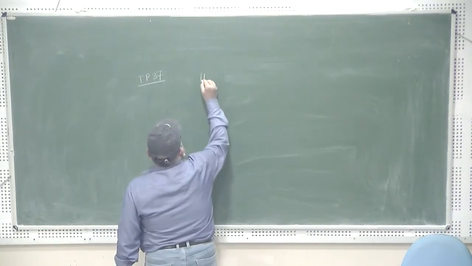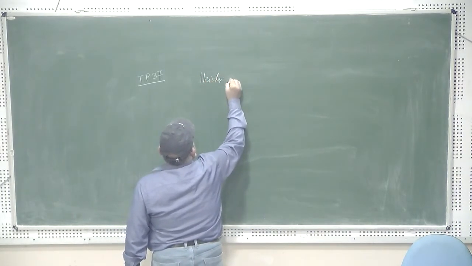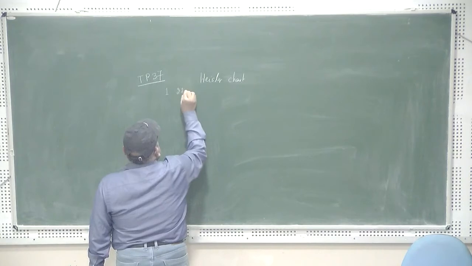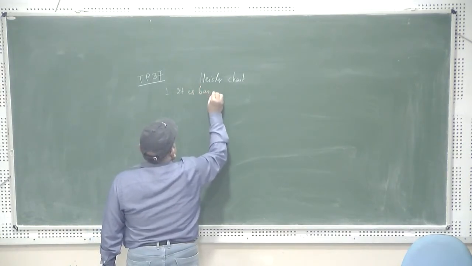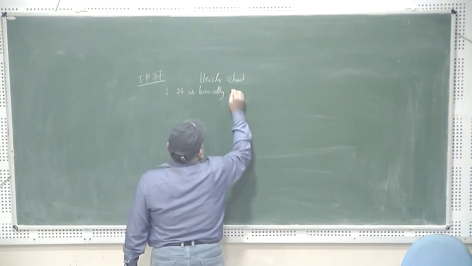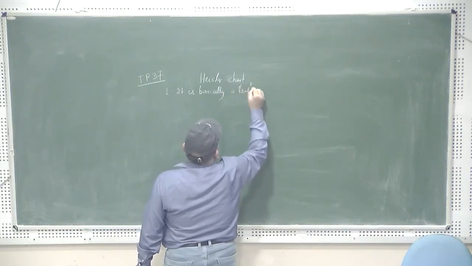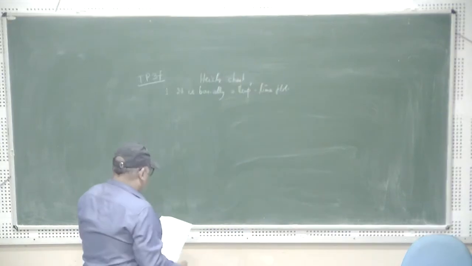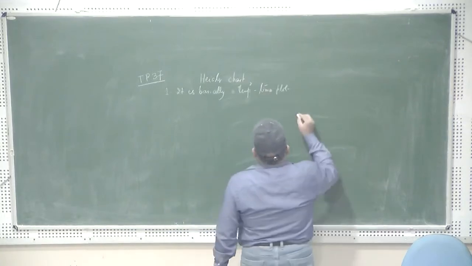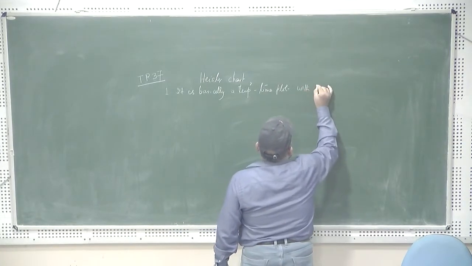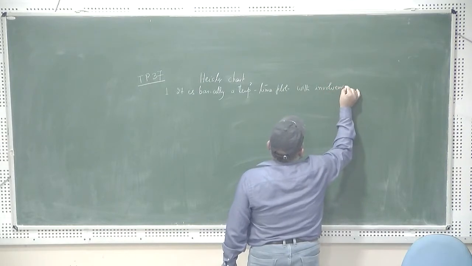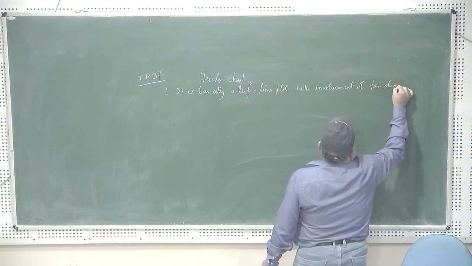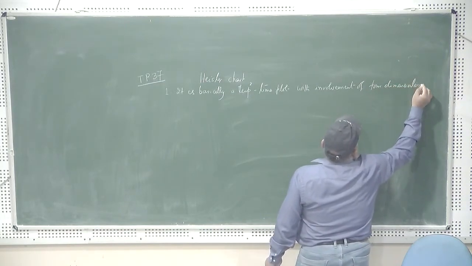So basically this Hesler chart is basically a temperature time plot with involvement of four dimensionless numbers.